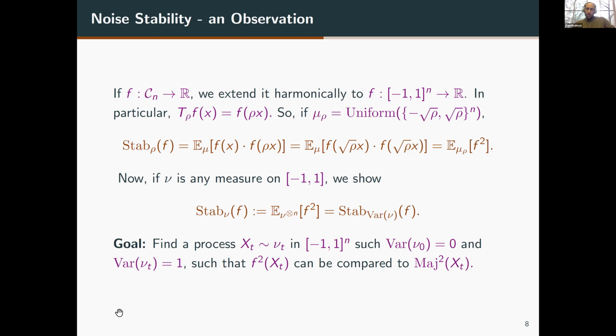Then that process will encode, if we apply f to the process, the noise stability for any noise level, right? Because we can simply take an L2 norm with respect to the process. And then what we'll need to do is compare it to the exact same process when we apply the majority function. Okay, so that's our goal, to find the process such that we can compare any function to majority.